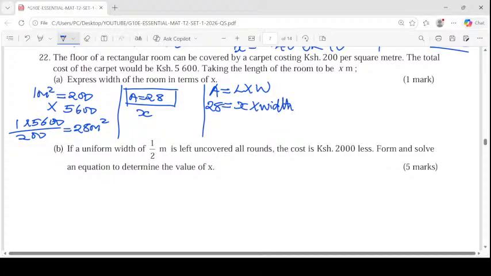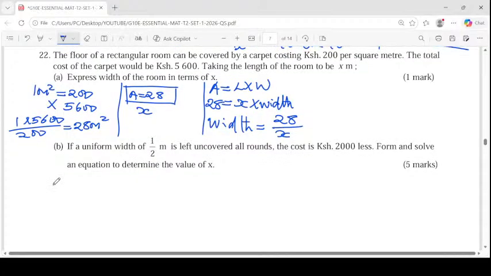So to get our width, it will be given by 28 over x. Our width is given by 28 all over x. That gives you the width of the room.